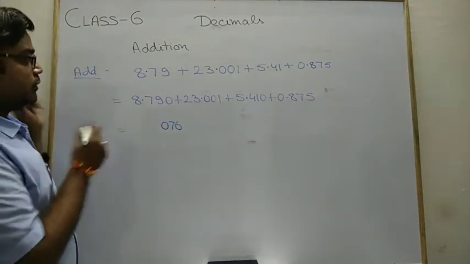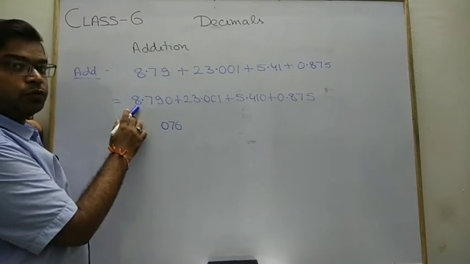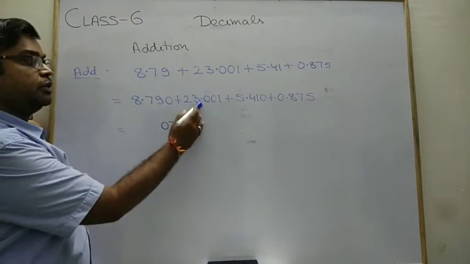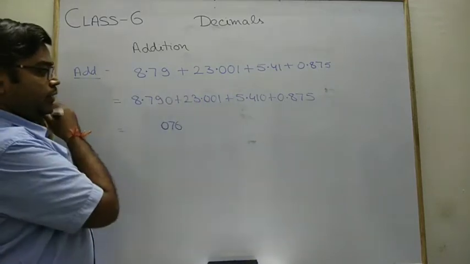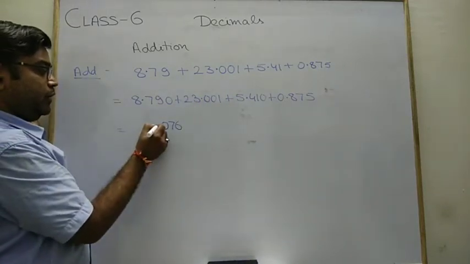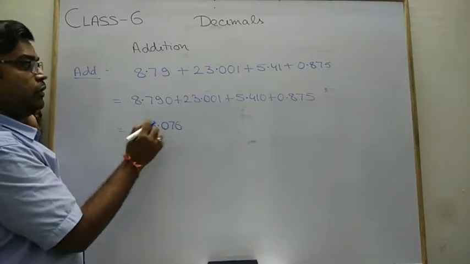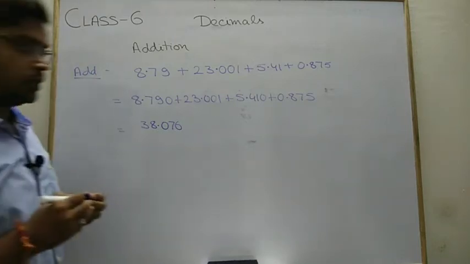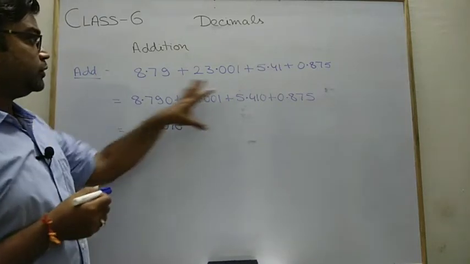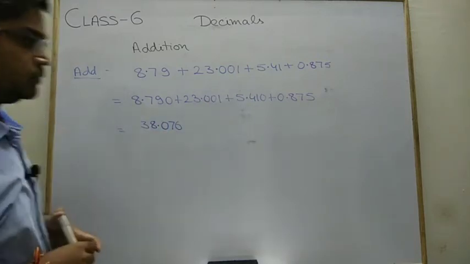With 2 carry, 8 plus 2 is 10, 10 plus 3 is 13, 13 plus 5 is 18. Then the decimal is there, then 8, 1 carry, 2, 1, 3. So 38.076 is the addition of this one. Let's check whether there is a mistake or not.